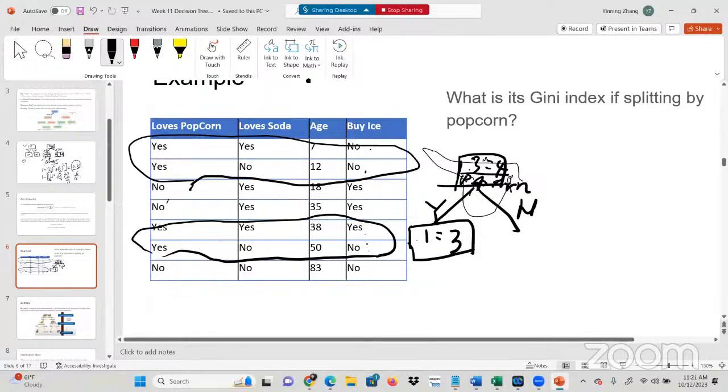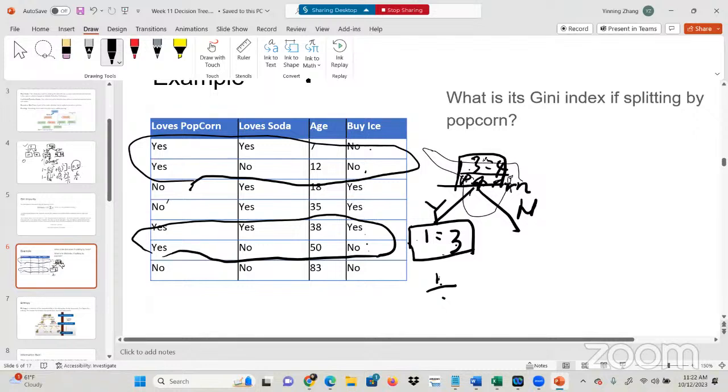And the probability of buying ice cream at this node is, how many? 1 person buys ice cream, 3 people didn't buy. So the ratio is 1 to 3, and the probability is 1 out of 4, 0.25, or as a percentage. Like in a class, there are 3 male, 1 female.